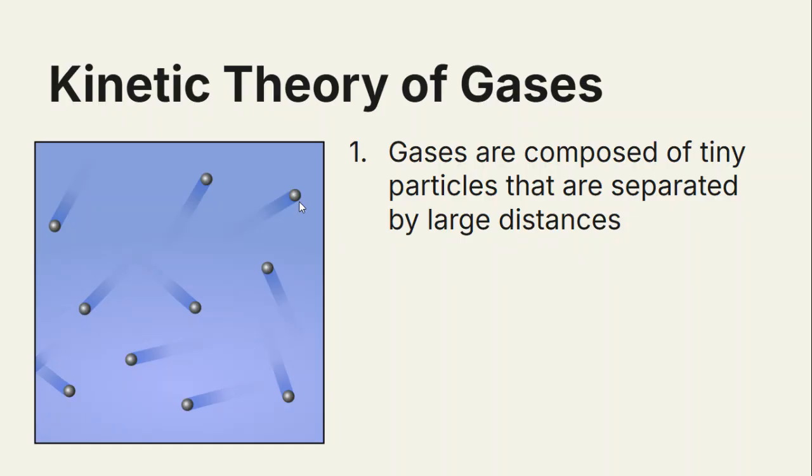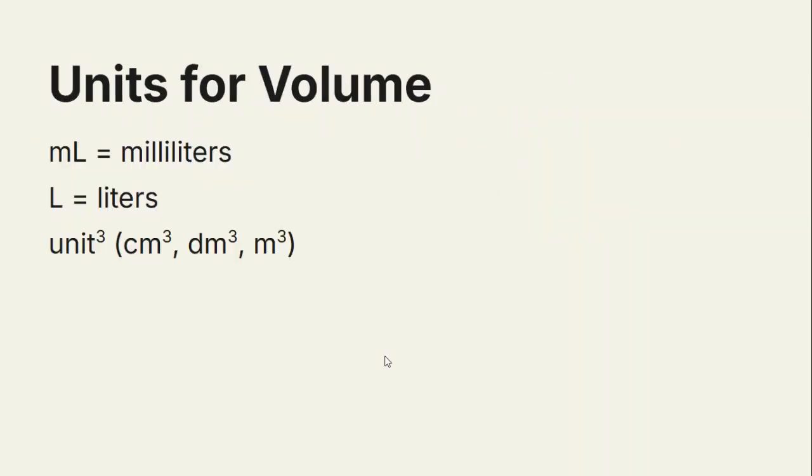When we talk about volume, my container has a volume to it, and the gas, hopefully you remember, takes up the entire volume of my container. That's from physical science, if you don't remember that. Volume is a variable that pertains to gases. If we know the volume of the container, that's also the volume of the gas, because gases take up the space that they're in.